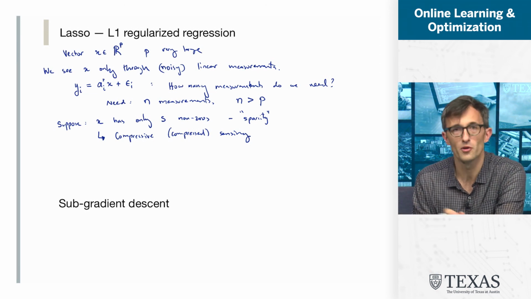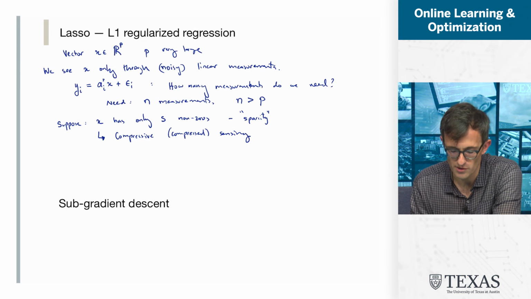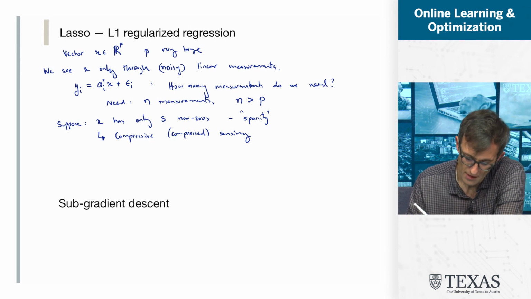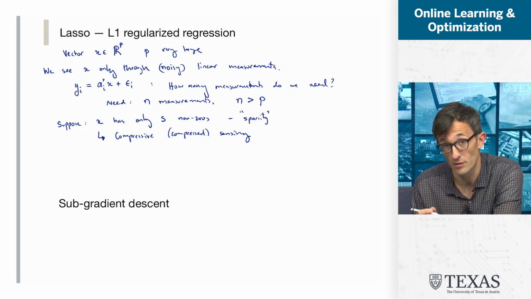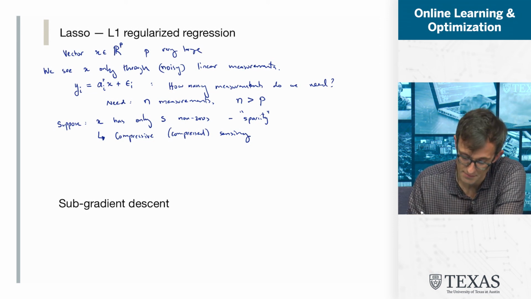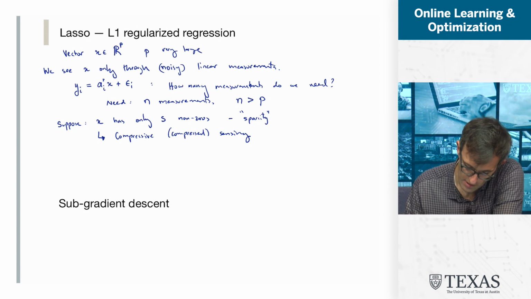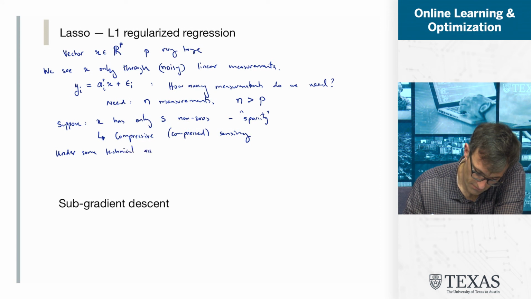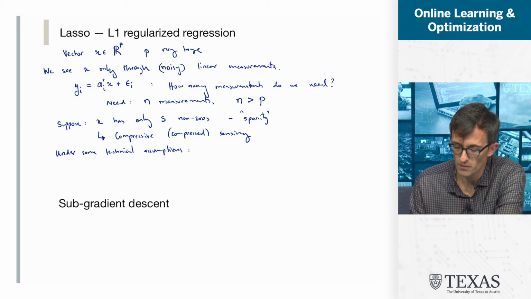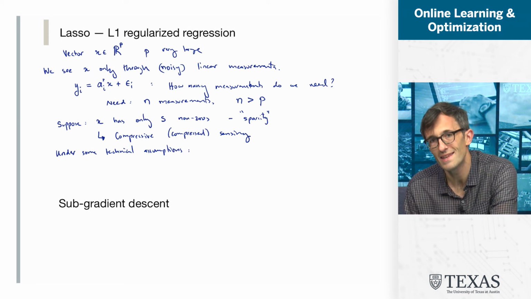One of the most popular algorithms for recovering a sparse signal is called lasso, or L1 regularized regression, which is exactly what it sounds like, and in fact we've seen this in past lectures. So let me just write here the punchline: under some technical assumptions, it turns out that we need way fewer than p measurements.